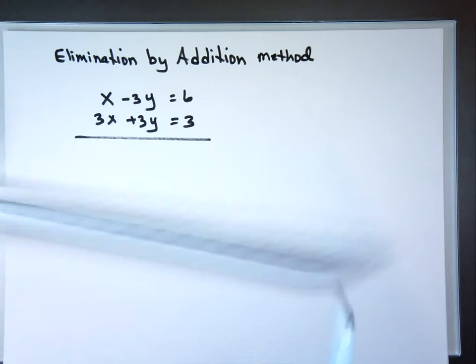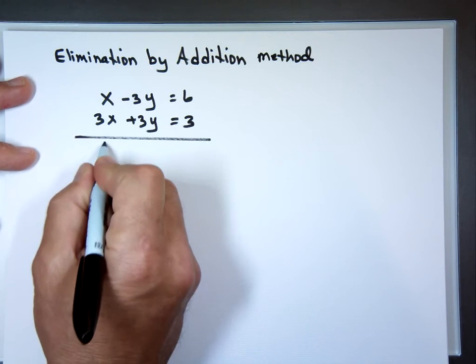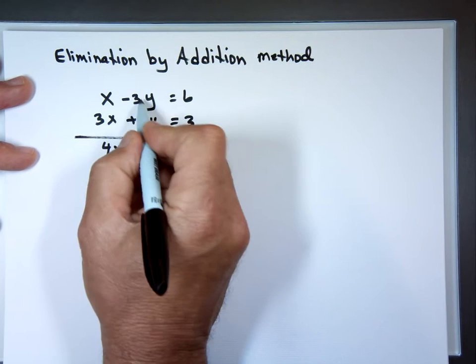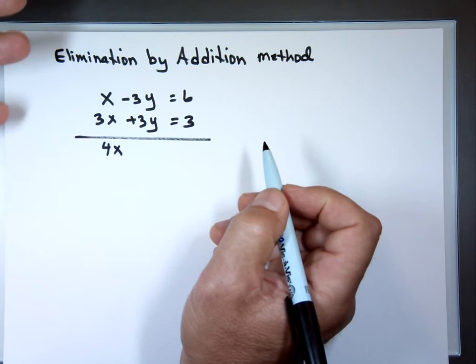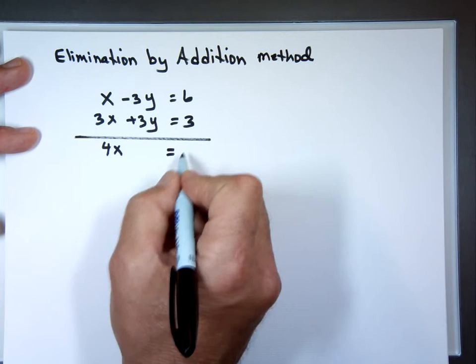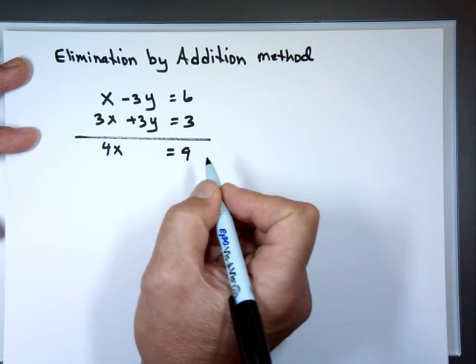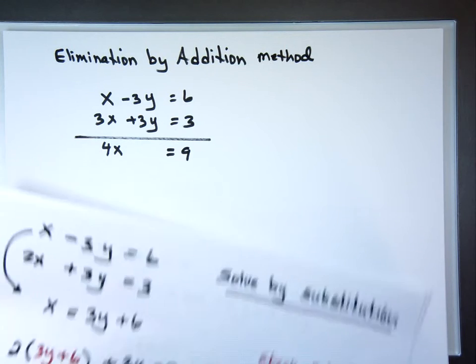What's x plus 3x? I'm adding. 4x. What's negative 3y plus 3y? 0, it's gone. What's 6 plus 3? 9. Did I write the right equation? I know I wrote something wrong because I remember the answer.